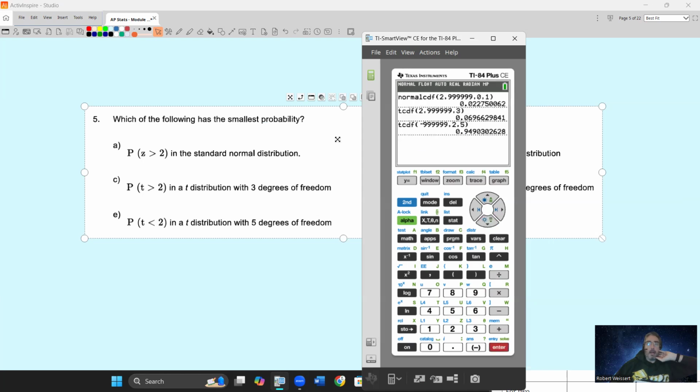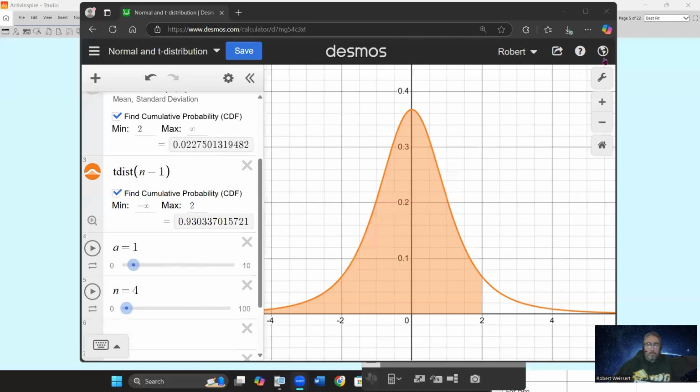Well, that's a lot. Let's look at the graph to see why. Think about where the center is. You're going less than 2, and 2 is above 0, so you're shading most of this. You're going to get 93% with 5 degrees of freedom for T less than 2.